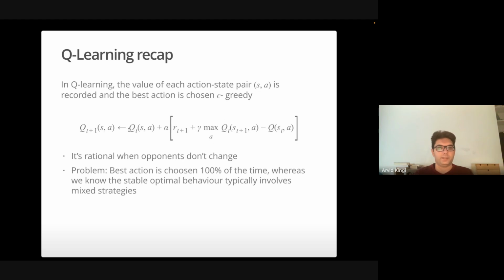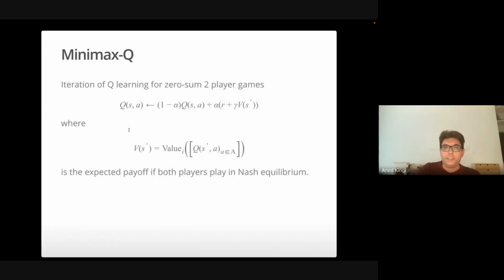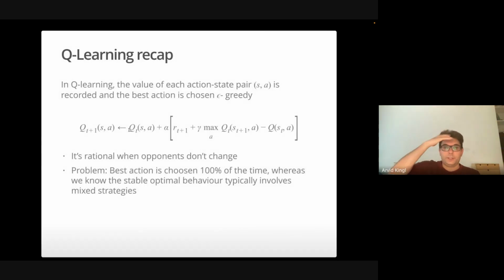So suddenly your best action becomes paper, but in the next batch it might be slightly more paper, and so you go from going all into paper to going all into rock, and so your algorithm is not stable, right? It again bounces between what it thinks is the best option. But we already know that the most stable option is not a pure strategy, it has to be a mixed strategy, and this Q learning definitely can't do that.